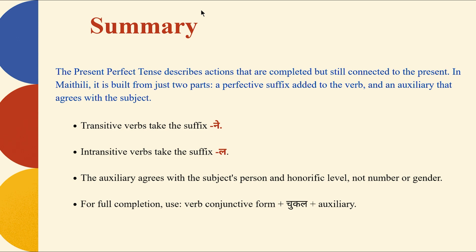The auxiliary has to agree with the subject's person and honorific level. Gender and number do not matter. For full completion, for tasks which have been completed in the present, we use the form verb root plus chukal plus auxiliary. So that will be all for this lecture.